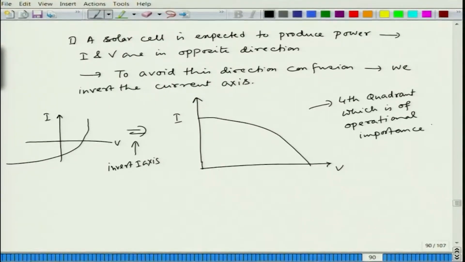Others are good to know, but you are not going to get anything out of it. Okay? That is why we have inverted it. So, basically this is, we can say, IG. Okay? So, IG is the generated current under the applied voltage.